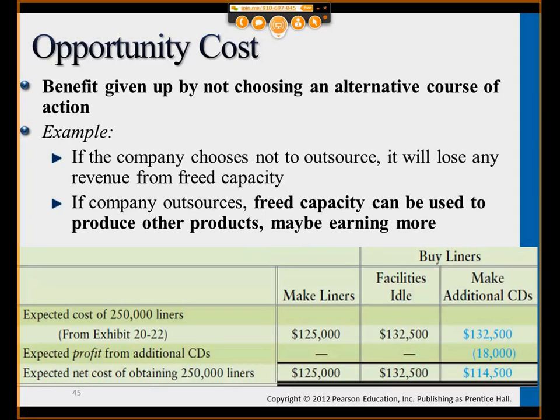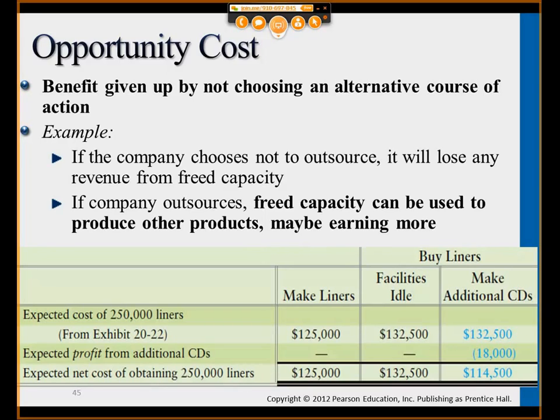Let's look at this example. We have make liners and buy liners, two alternatives. What do we see here? If we're making liners, our expected cost of 250,000 liners is 125,000. If we decide to buy liners, we have two options: we're going to make additional CDs or DVDs or not.